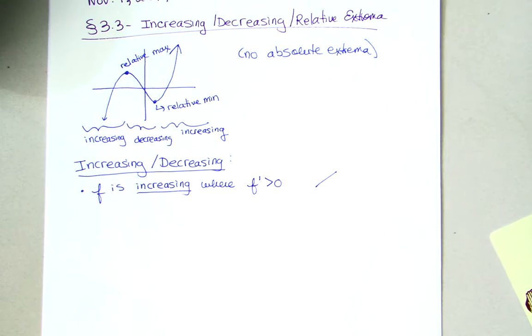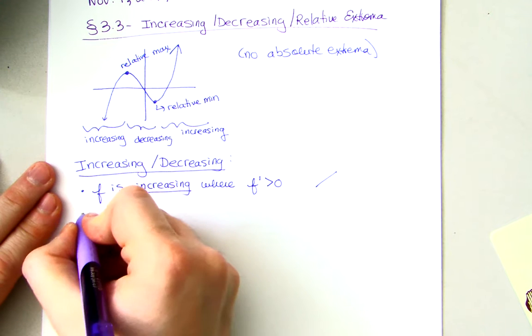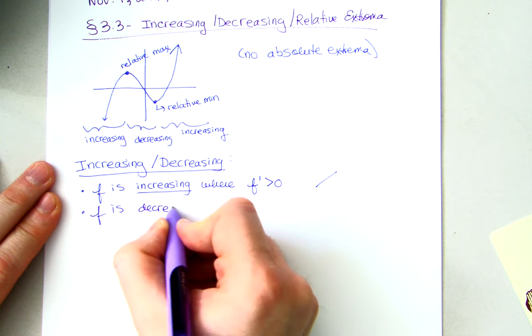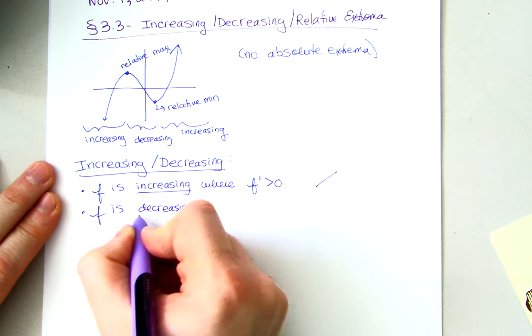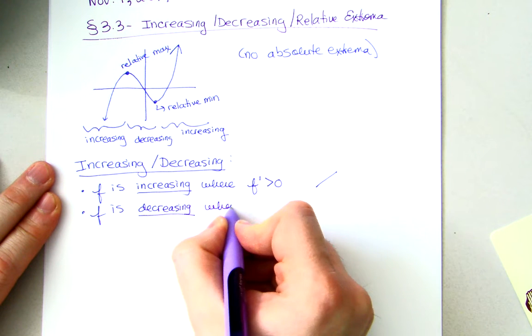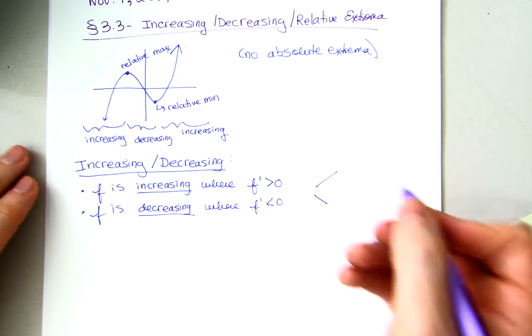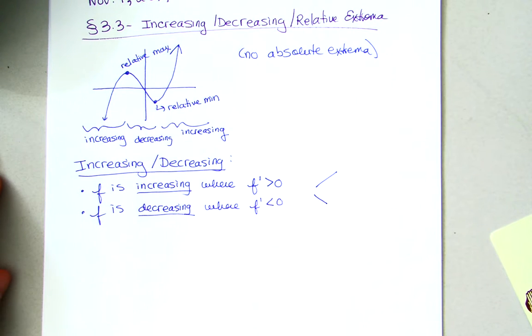I'm going up there. What's the definition of f decreasing? F prime is negative. F is decreasing where f prime is negative. Not going to bother with the other case. If f prime is 0, we're just not doing anything. We don't have to talk about that. That's not a big deal.